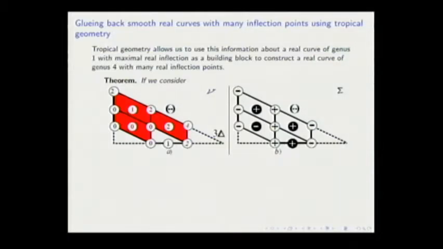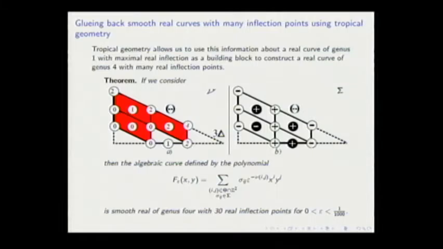And we can expect to have 4 points here, 8 points here, 8 points here, and 8 points here, right? Because this is the philosophy of tropical geometry. And in fact, this is what happens. If you consider what is called the patchworking polynomial, and you compute the number of real inflection points of this curve, it turns out that it has 30 inflection points.